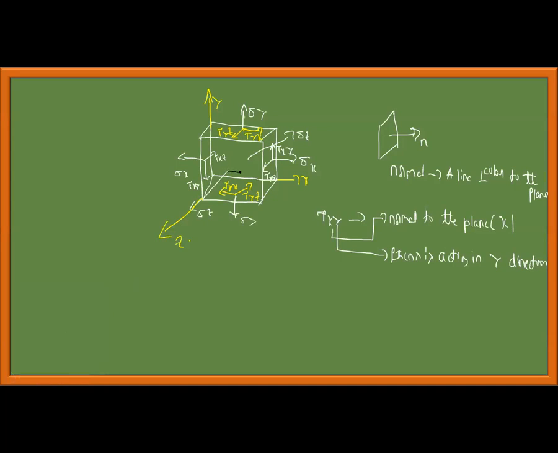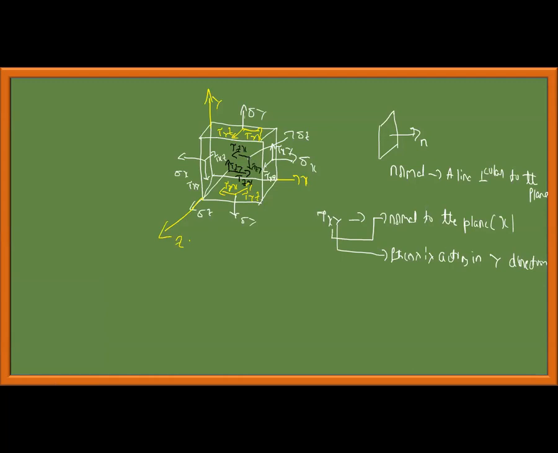Next, for this sigma z, the normal to the plane is in the z direction and the stress is acting in the x direction. On the other side, you should write in the opposite direction. Next, the normal to the plane is in the z direction, the stress is acting in the y direction, and the opposite is tau zy.